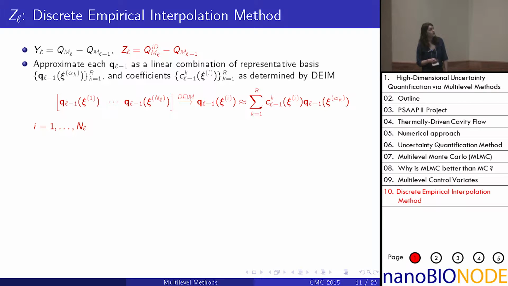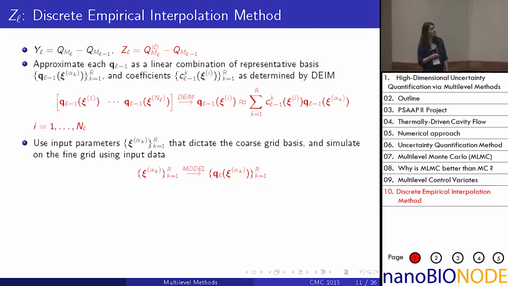Then we're going to use these input parameters that give us this representative basis, and we're going to simulate these parameters on the fine grid. We're going to get our fine grid data, but only capital R of these vectors.